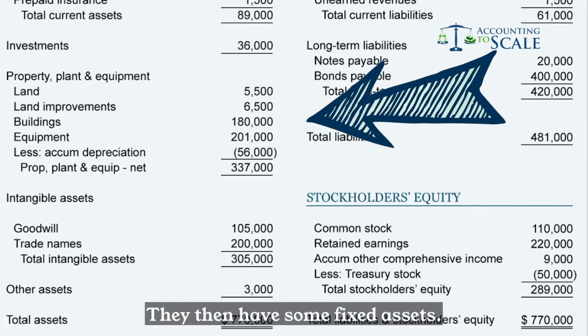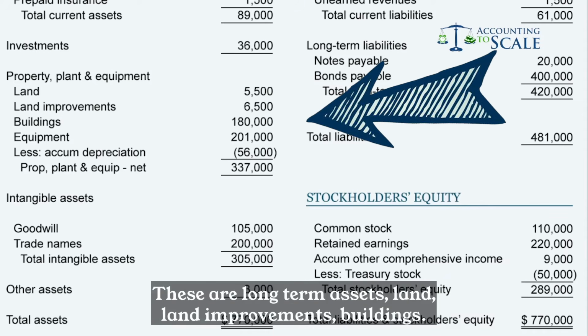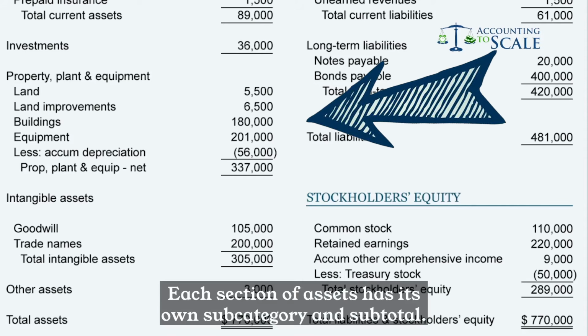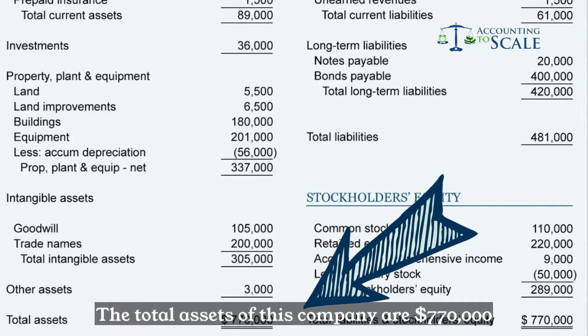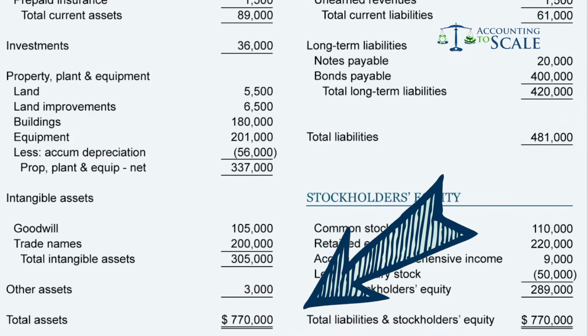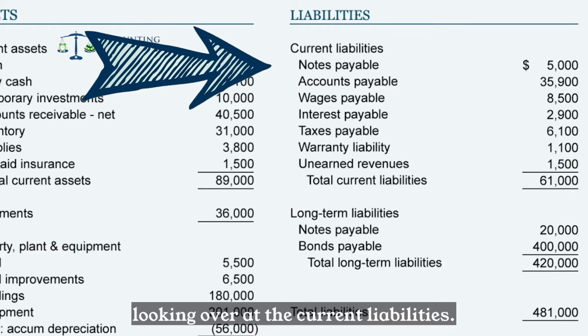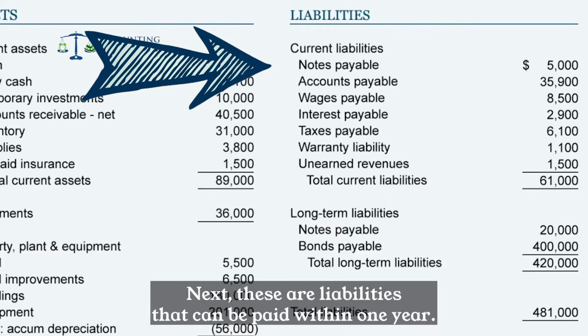They then have some fixed assets. These are long-term assets, land improvements, buildings. Each section of assets has its own subcategory and subtotal. The total assets of this company are $770,000.